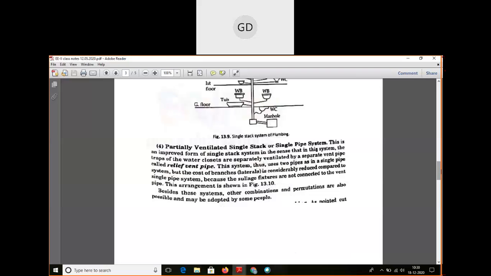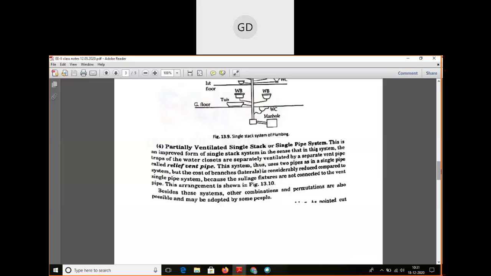From the name itself you can see it is a partially ventilated single stack or single pipe system. That means it is an improvised form of your single stack system, and here the traps, we have read in the last class what a trap is, the traps of the water closets are ventilated separately by a separate vent pipe, and that is known as your relief vent pipe.